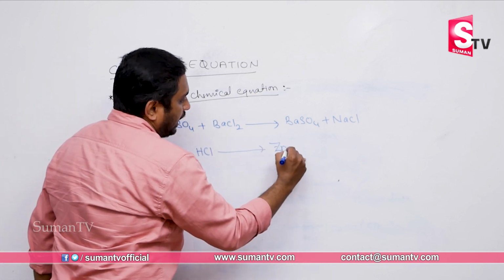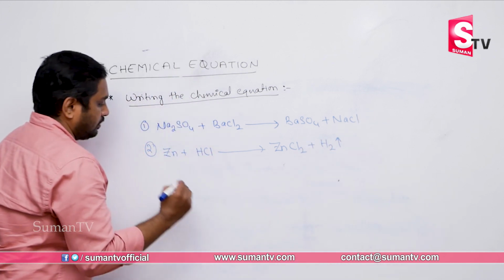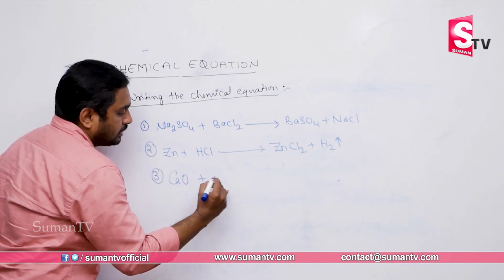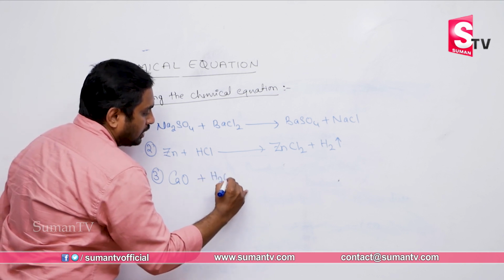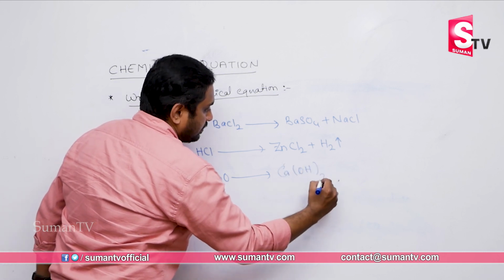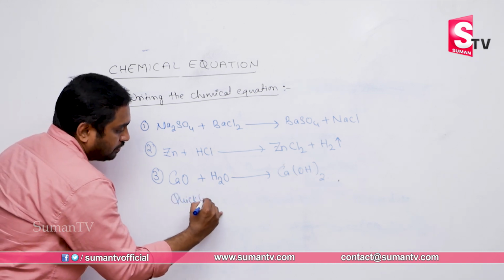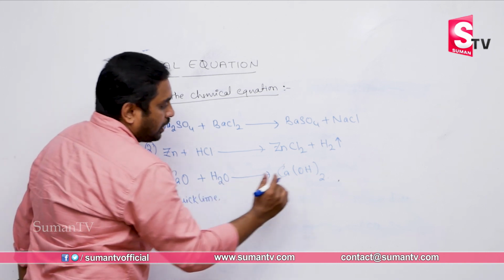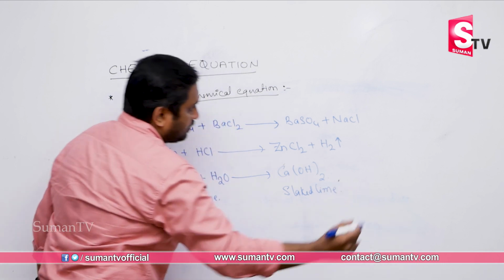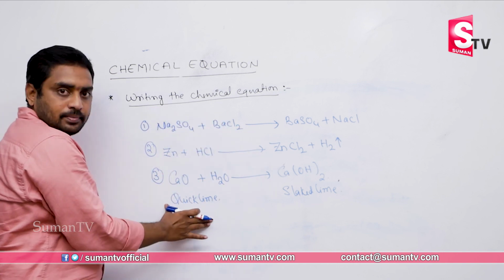It gives zinc chloride plus it liberates dihydrogen gas. Third reaction: calcium oxide reacts with water. It gives calcium hydroxide. Calcium oxide is called quicklime. Reacting with water, it gives slaked lime. In this way, we have to write the chemical equation.